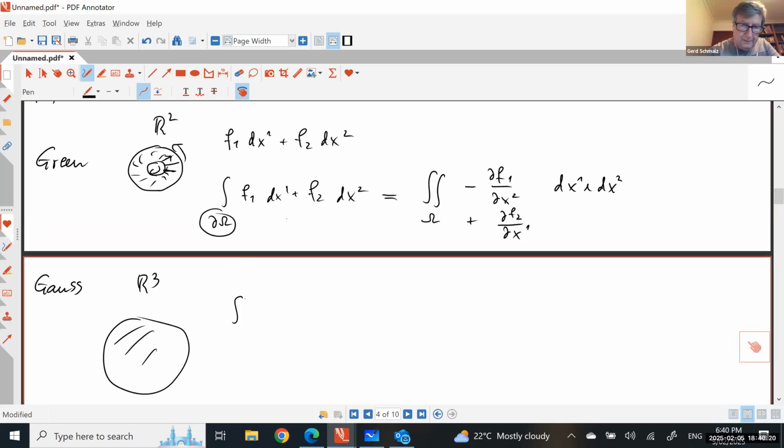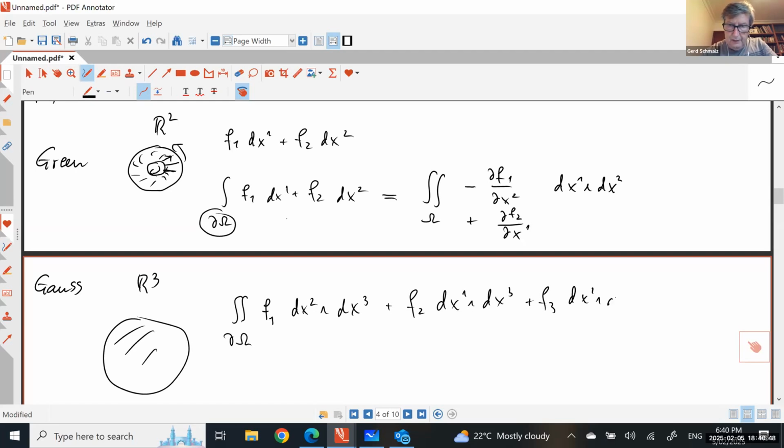We have a double integral on the boundary of, say, f, maybe I call it f1 dx2 dx3 plus f2 dx1 maybe dx3 plus f3 dx1 wedge dx2.